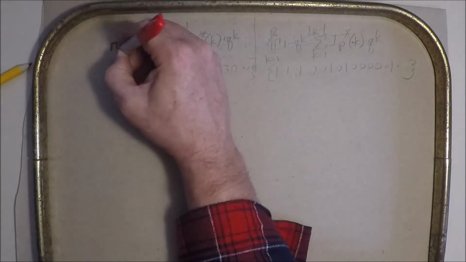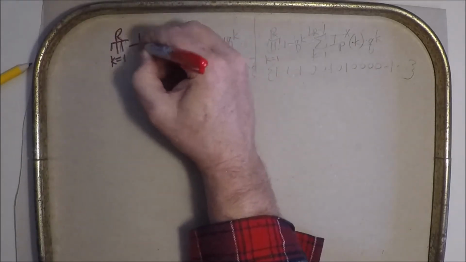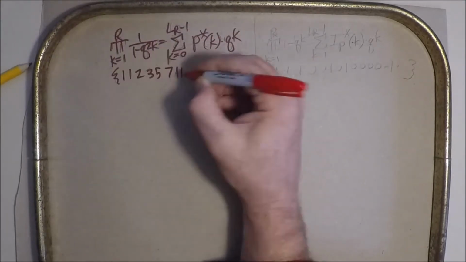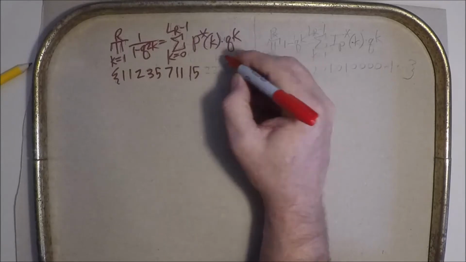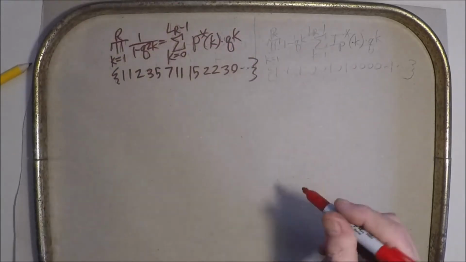Okay, so we've got corresponding to partitions. Taken to infinity recovers Euler's pentagonal number theorem. So this is equivalent, and we just take this to infinity anytime we want.